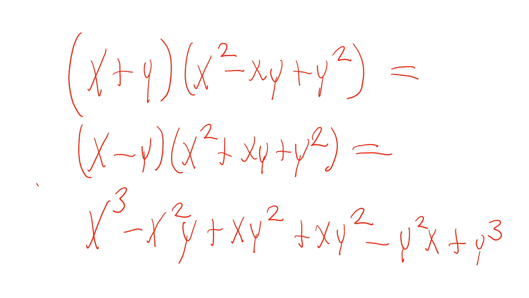Now notice, we have negative x squared y and positive x squared y, and negative y squared x and positive xy squared. Well, this is 2xy squared, to be more precise, minus 2xy squared.